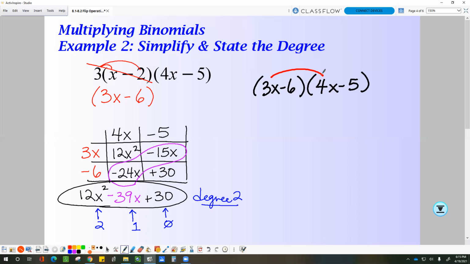What's important is that each term is multiplied times each other term, so that each piece is multiplied times each other piece. We say FOIL just to make sure we get all of them. And that stands for first, outer, inner, last.